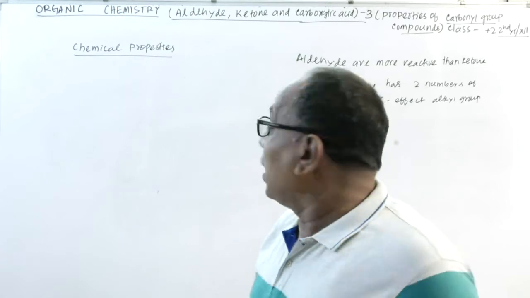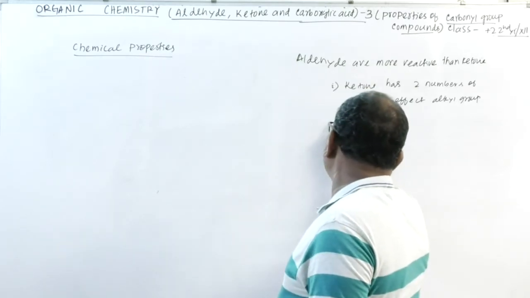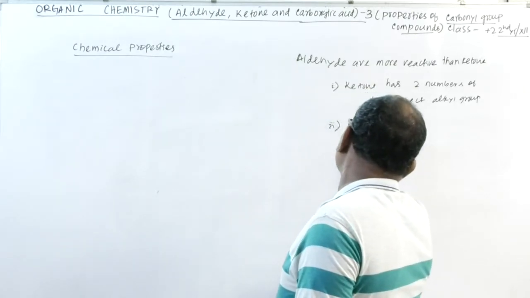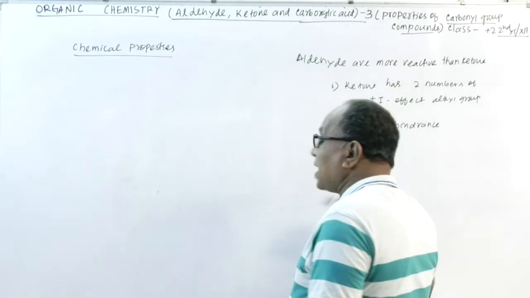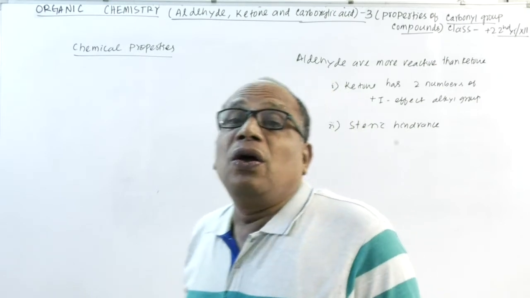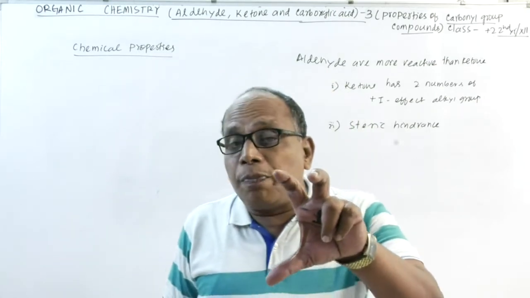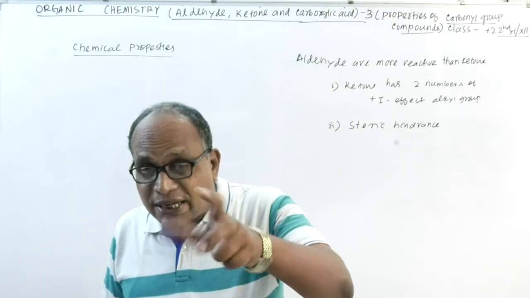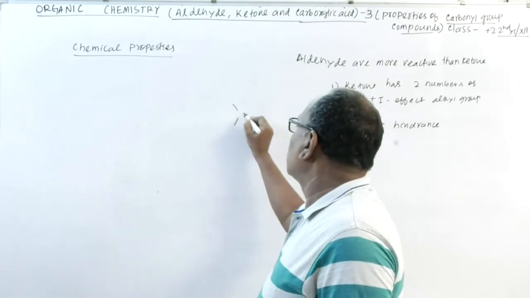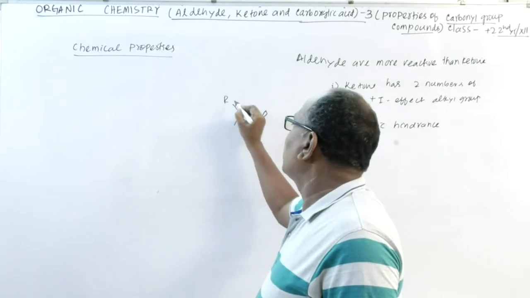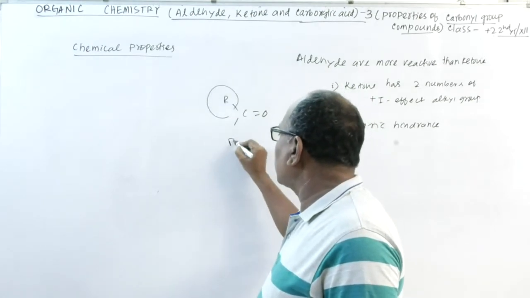Another factor, there is some steric hindrance. Steric hindrance means the bulkiness of the alkyl groups present around the carbon atom of the carbonyl group. That is, see the double bond O, this is a bulky group and this is another bulky group.